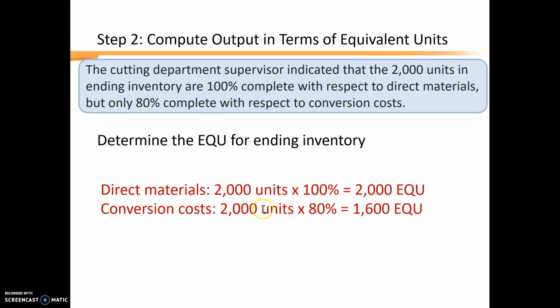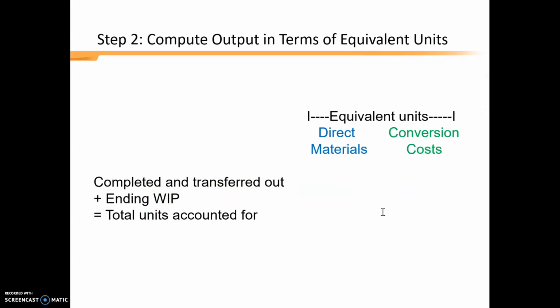But for conversion costs, those 2,000 units are only 80% complete, so we take the 2,000 and multiply it by 80%. So for conversion costs, our ending work in process inventory, there are 1,600 equivalent units. Okay. And so we'll take the equivalent units completed and transferred out plus the ending work in process, and that tells us the total units accounted for.